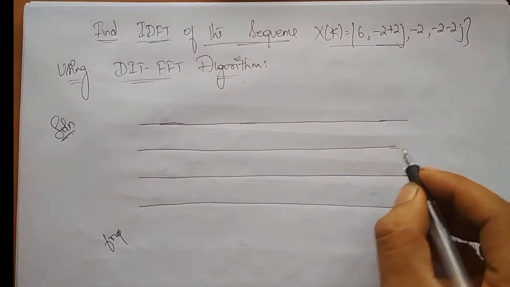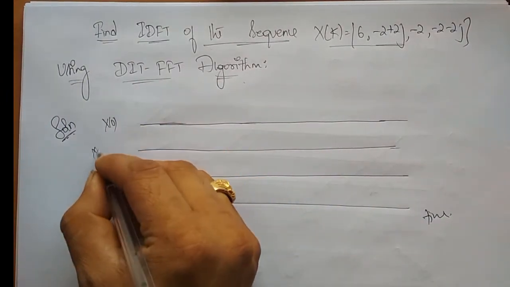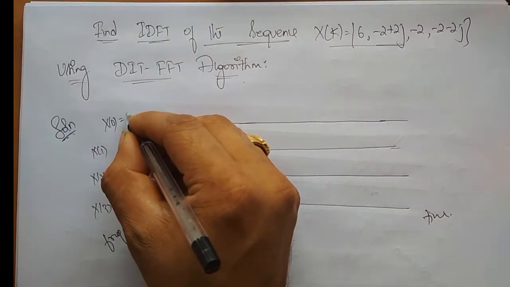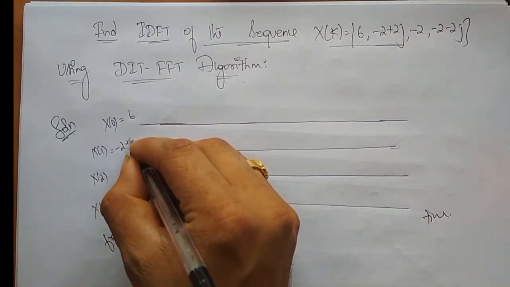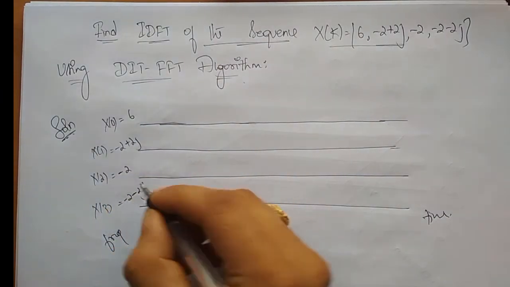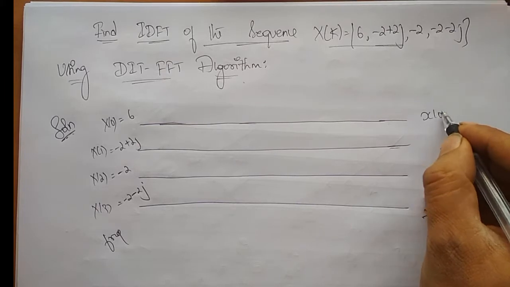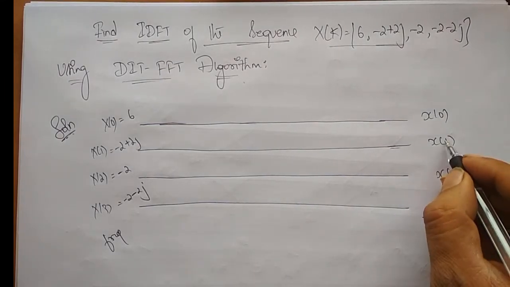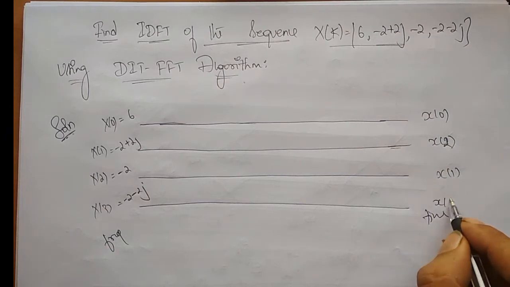So frequency in normal order, X of 0, X of 1, X of 2, X of 3, and these values are 6, -2 + 2j, -2, -2 - 2j, and this is x of 0, x of 1, x of 2 and x of 3.